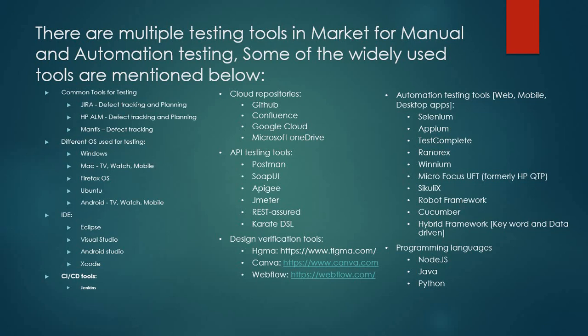All these things can be run automatically using a CI/CD. You can start the test, you can end the test, you can get the results automatically. All these things can be managed in CI/CD tools. A few of the CI/CD tools are Jenkins, Terraform, Ansible.